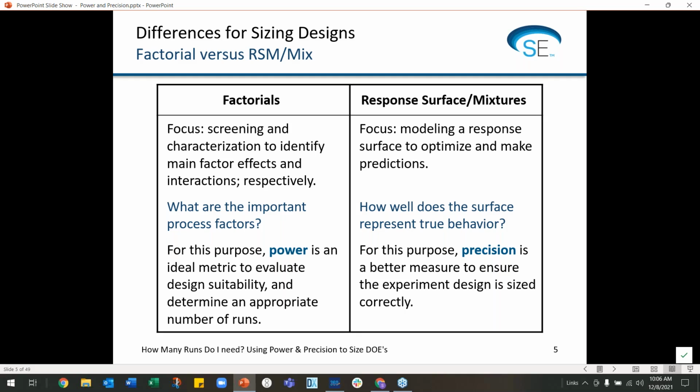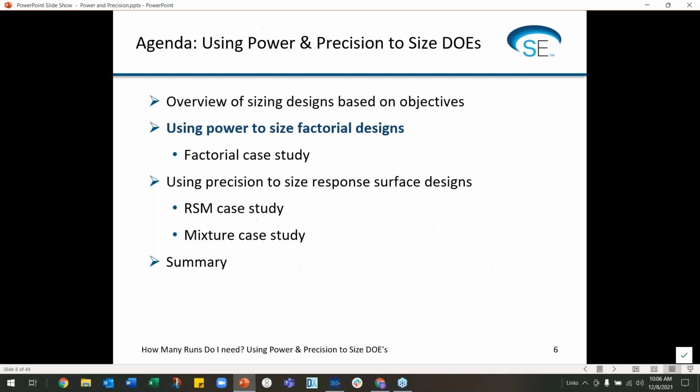Now we want to model a response surface to optimize and make predictions. As I said, we should already know at this point which effects are the important ones. But we really want to know how well the response surface represents the true behavior of our system. So using the statistical tool of precision is a better measure to ensure that the experiment design is sized correctly. So we're going to look at both power and precision in this talk.